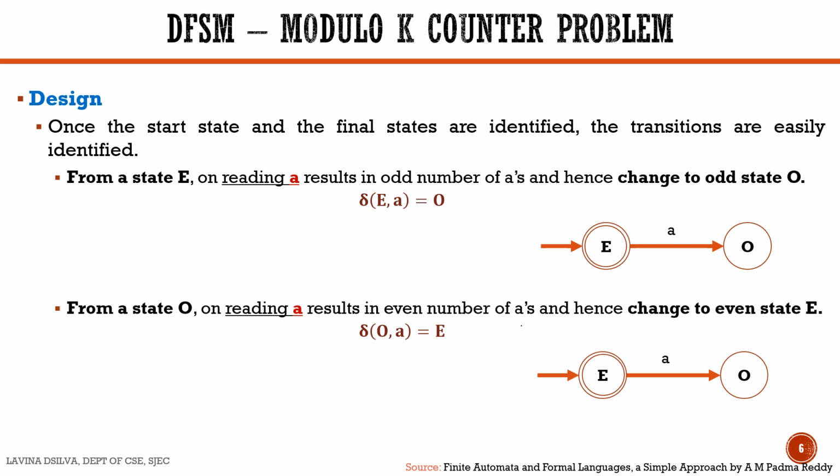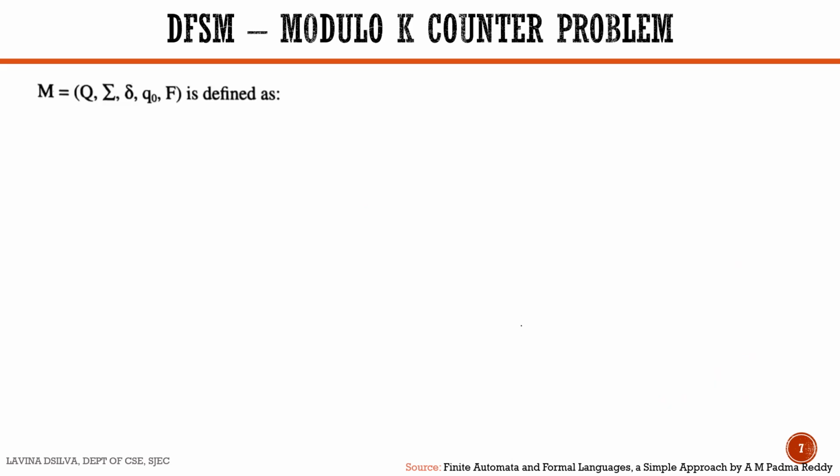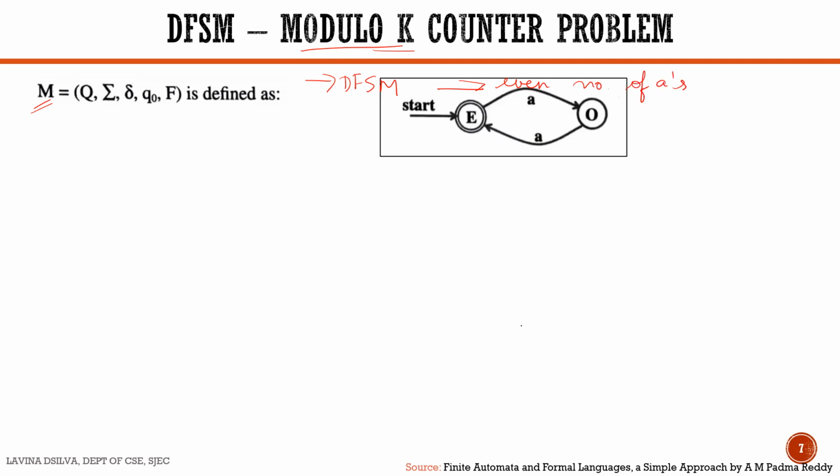Now on this state O, in case we were to read another A, then what will happen? It will result in an even number of A's. We have our first A here and this will be our second A. Therefore, M, which is our DFSM for a modulo counter problem, or specifically a DFSM which accepts an even number of A's, is given as this.